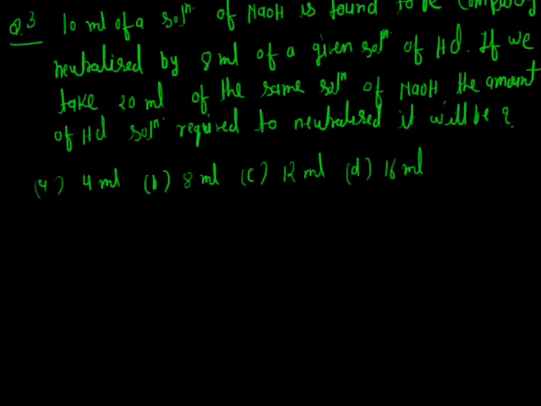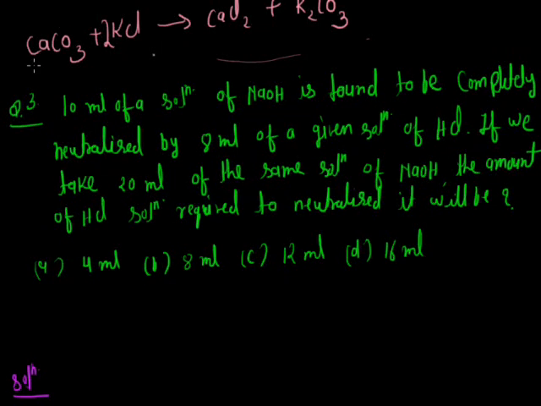Now we are finding the answer to this question. According to the question, we have 10 ml of a solution of NaOH, a strong base, and it is neutralized by a strong acid, HCl, of which we require 8 ml. We know that if we have a strong acid and a strong base, the neutralization reaction occurs completely. Here the NaOH solution, 10 ml, is a strong base, and the HCl solution, 8 ml for complete neutralization, is a strong acid.